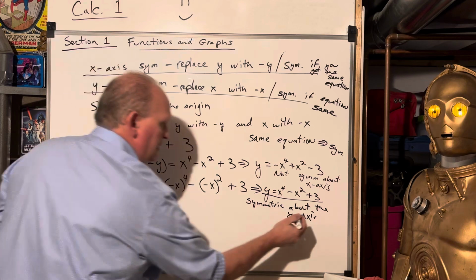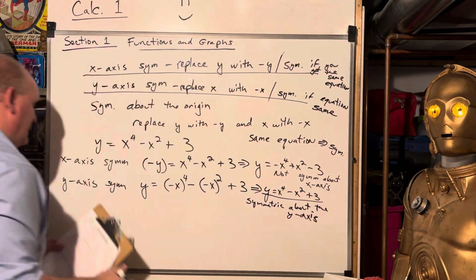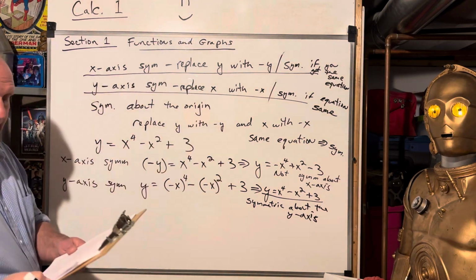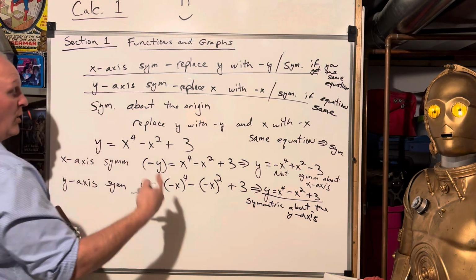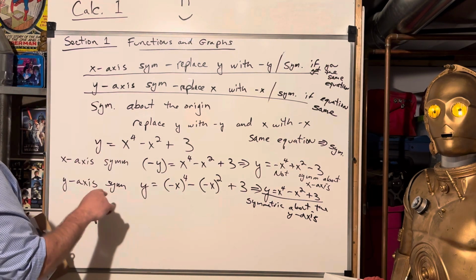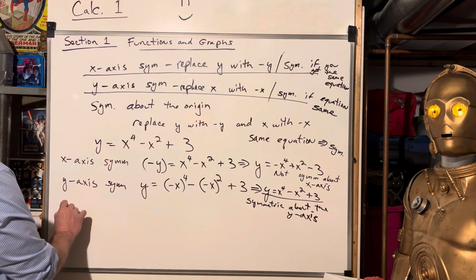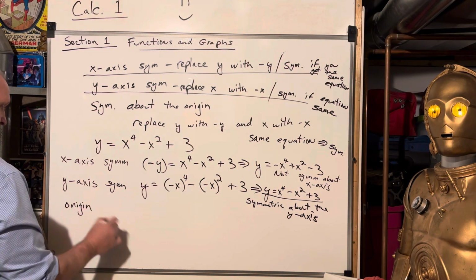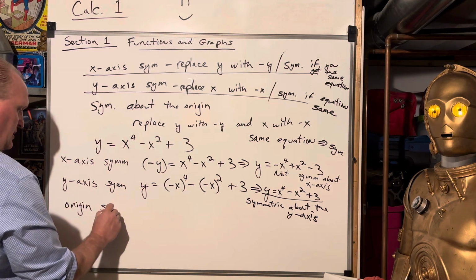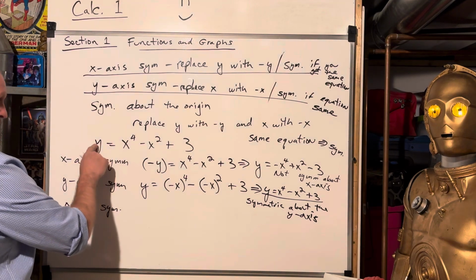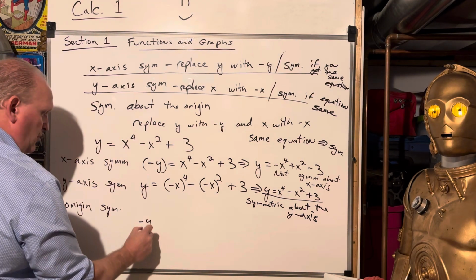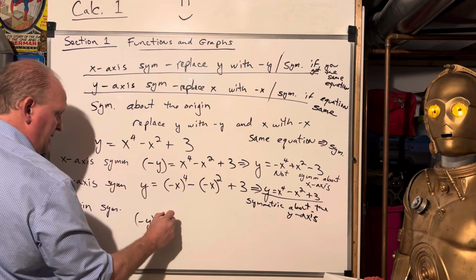All right. Then to check to see if we have symmetry about the origin, we would flip both of them. So basically, origin symmetry. We're going to take and replace this with negative y and these with negative x.